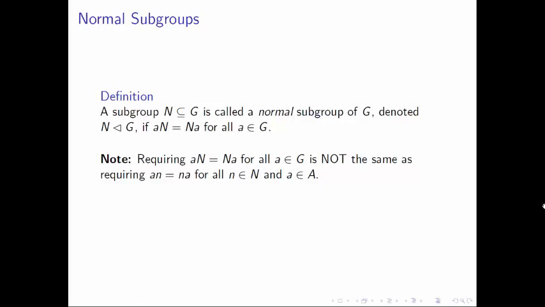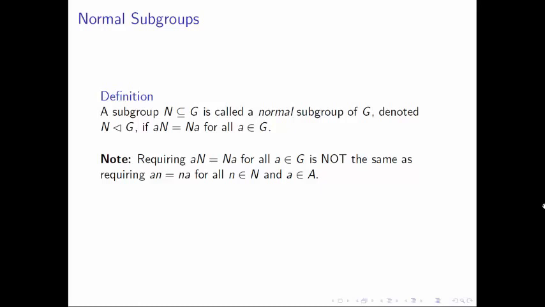Now note that this is not quite as specific of a requirement as it seems originally. Requiring that these two sets, aN and Na, are equal for all a in G is not the same as requiring little a times little n to be equal to little n times little a. We're not requiring that elements of a and N commute.